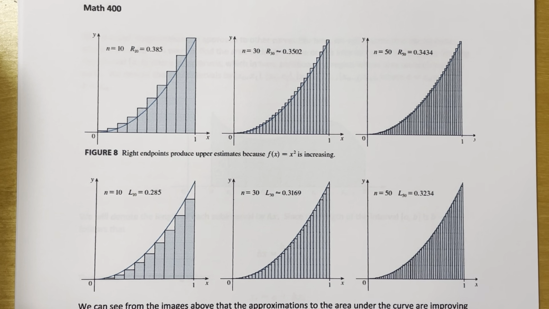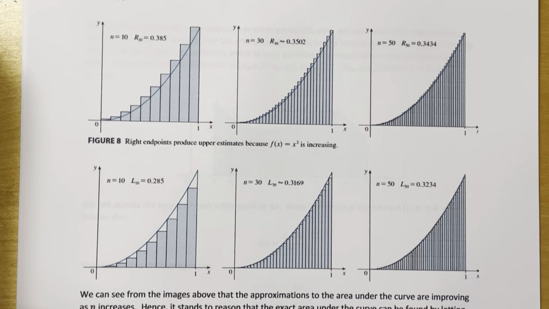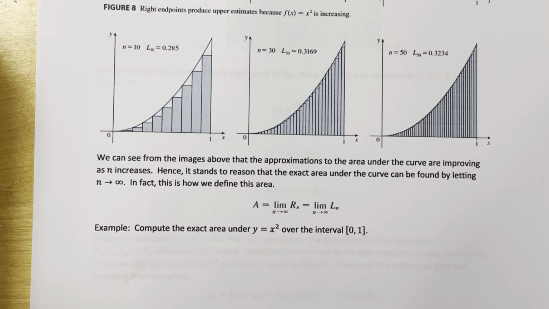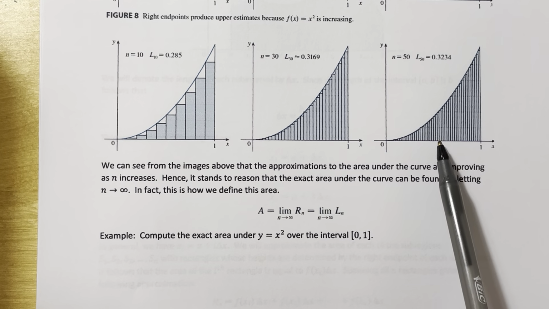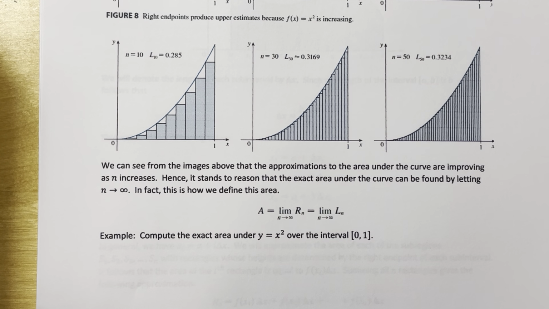Okay, so this is leading towards a really important definition here. It appears that as the number of rectangles increases, our accuracy increases. So if we were to apply a limit somehow, it would make sense that we would want the number of rectangles to go to infinity. And that, in fact, gives us an exact area if we do that.